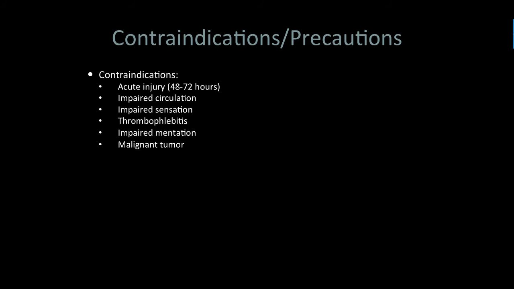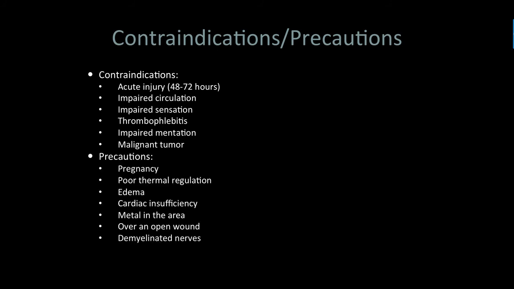Someone who also already has some sort of inflammatory condition happening, and also impaired mentation, so someone who can't tell you that they're getting too hot, for a burn, and of course over any tissue that we don't want to increase metabolism, so over a malignant tumor. And you can probably add in some things for yourself as you look at the list for contraindications, when you just talk in terms of tissues that we probably don't want to have increased metabolism for.